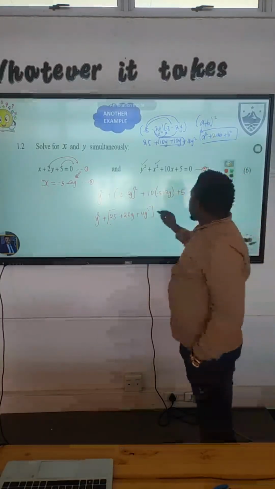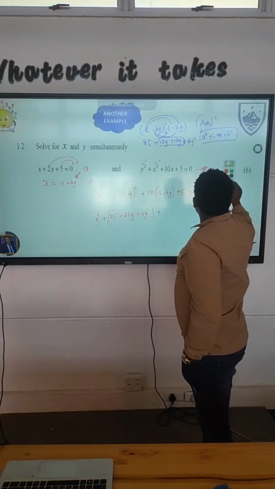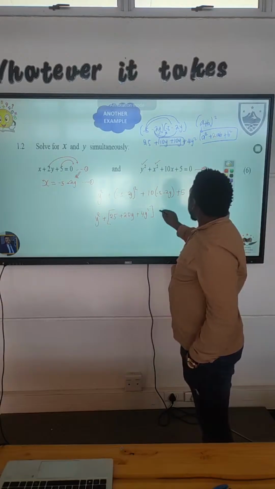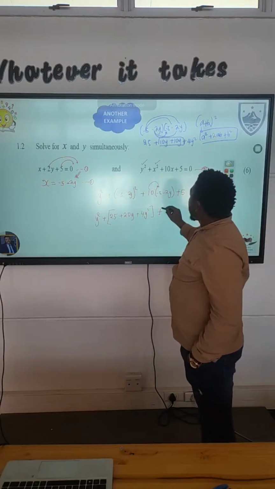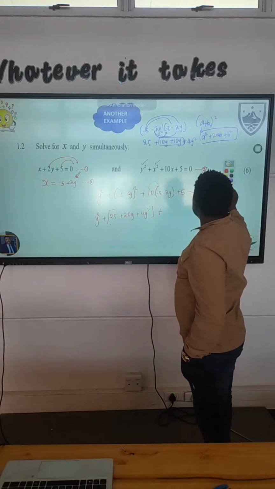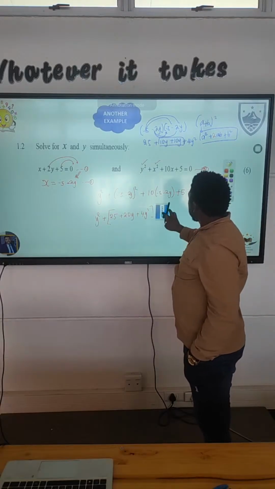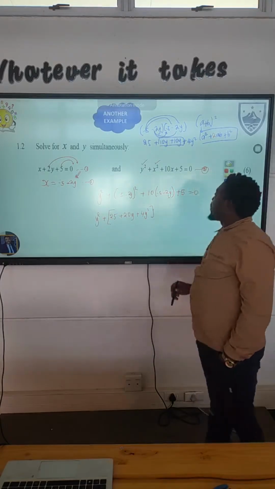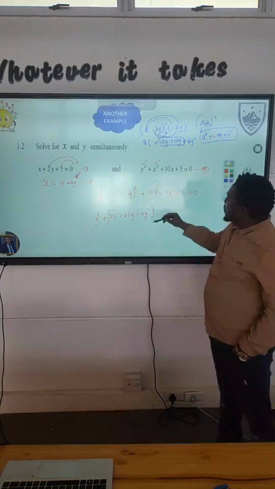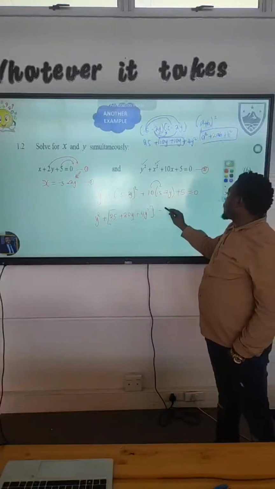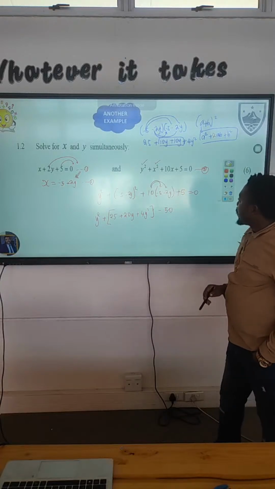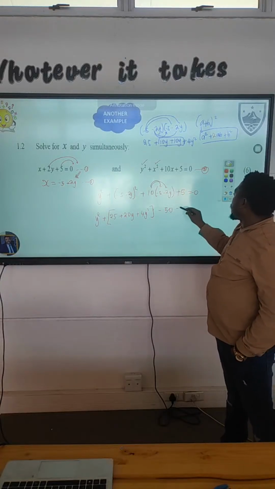Right, and then we move into the side. Let's take red. This will be multiplying that. This will give us a negative 50. This multiplied by that will give me a negative 50. This multiplied by that will give me a negative 20y.